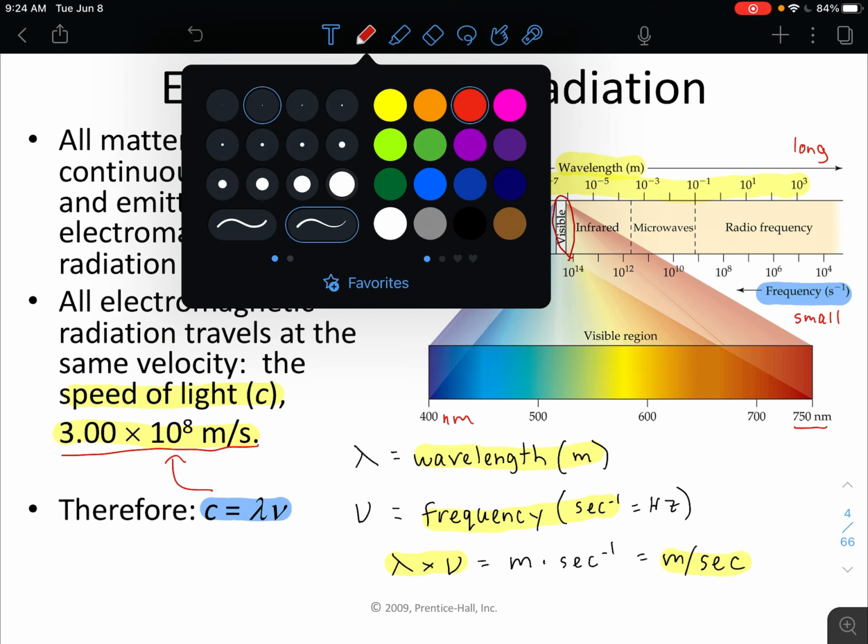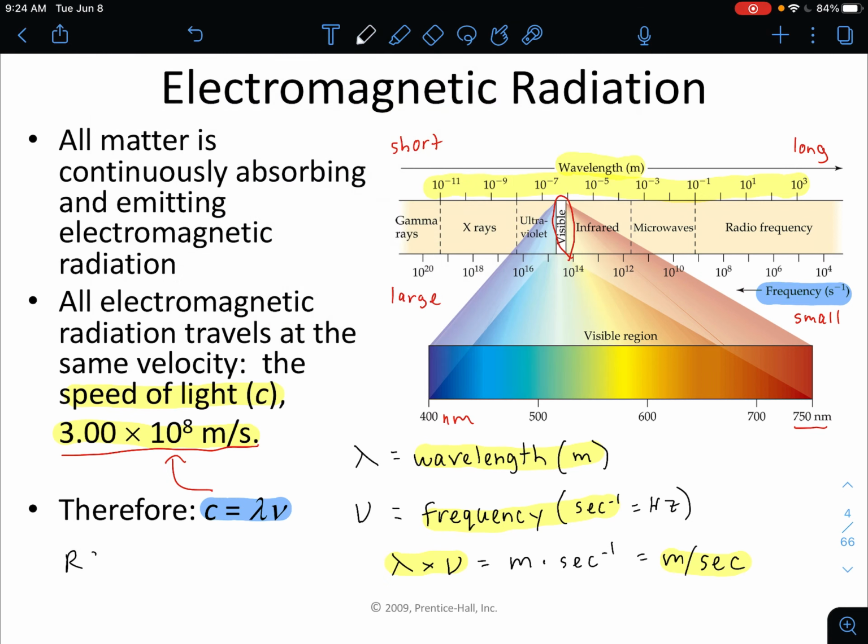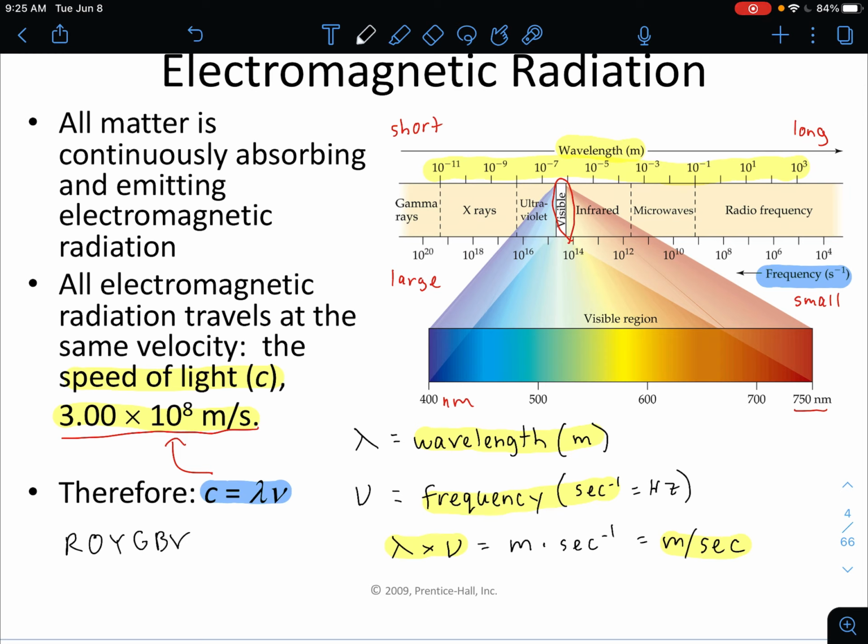So you may know the mnemonic Roy G. Biv from other applications, but that's just the colors, right? Red, orange, yellow, green, blue, violet. And if we think about how that goes, red is in the 700 nanometer region, and violet is in the 400 nanometer region.